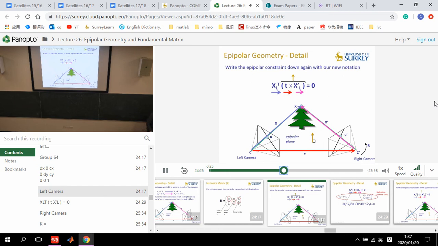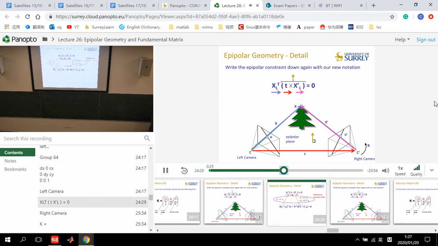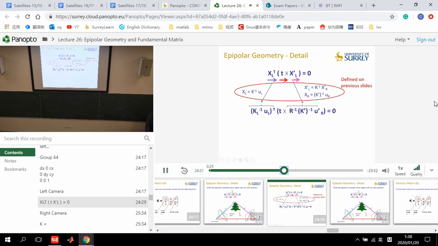Okay. So what we're going to do now is use this notation to derive an expression for the fundamental matrix. There's that equation again. It hasn't changed. I've just copied it from the previous frame, and I've put in the arrows to make it clear. What we're going to do is try and rewrite this equation on the top so that we're not talking about rays of light but the images of that point.